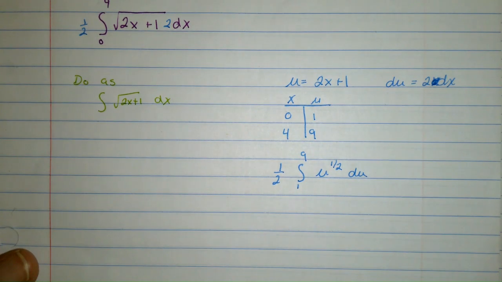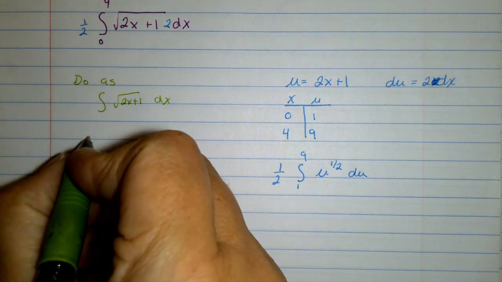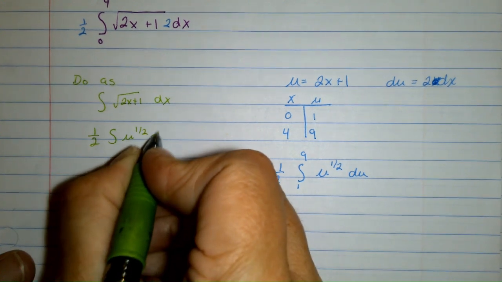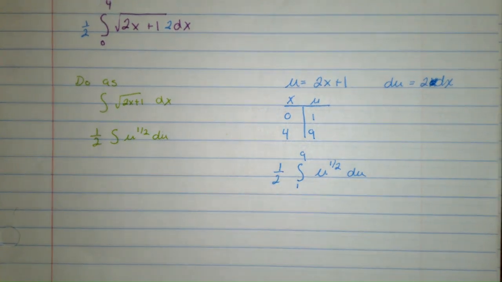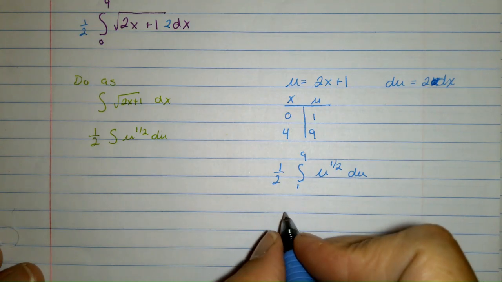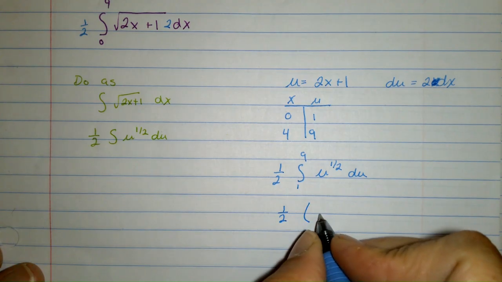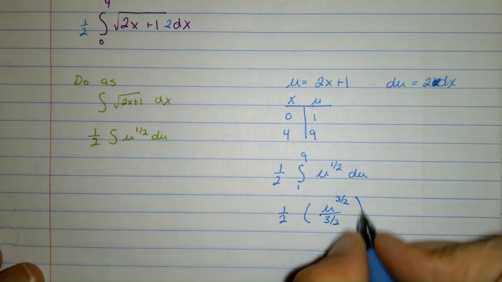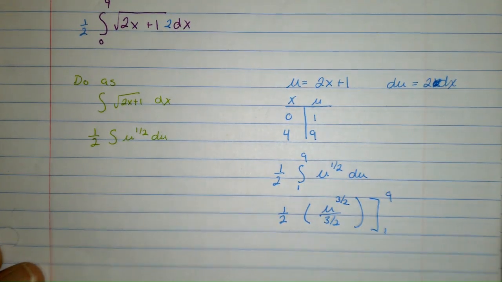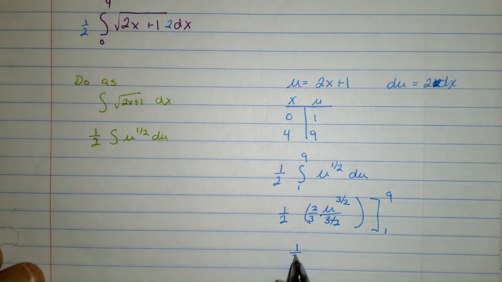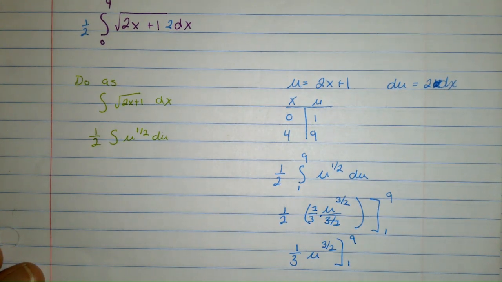Okay, we're going to integrate this to 3/2 over 3/2 from 1 to 9. So we'll clean that up. That's the same as 2/3, so we'd have 1/3 u to the 3/2 from 1 to 9.